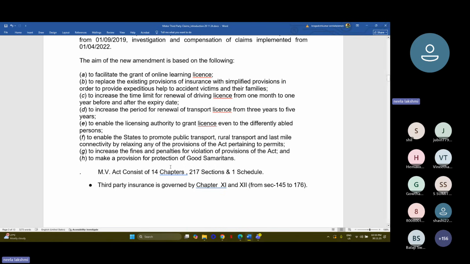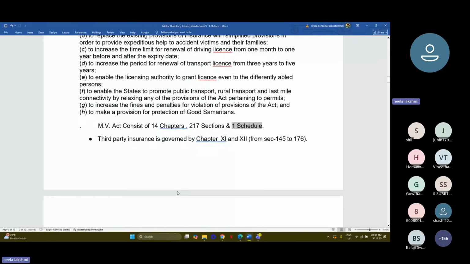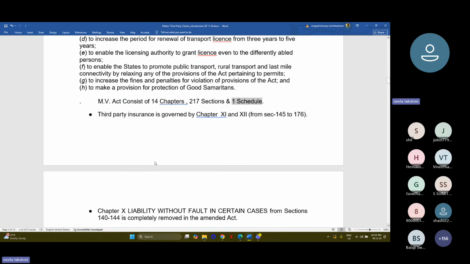Okay, this MV Act, which is the Bible for handling TP claims, consists of 14 chapters, 217 sections, and 1 schedule. Okay, let it be. Why do we worry about all those things?